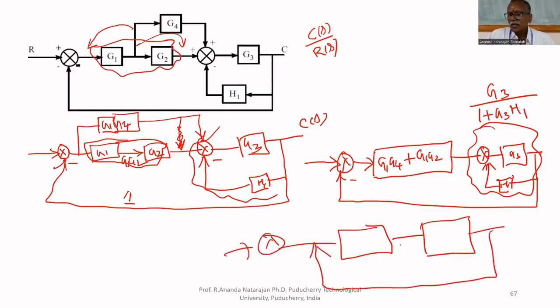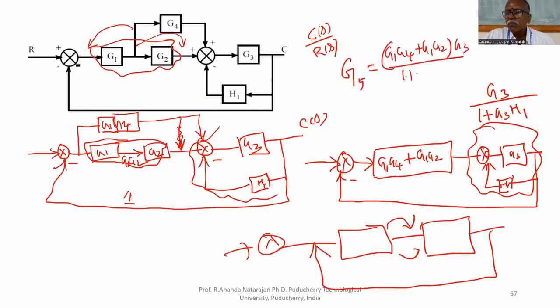Now you can multiply these two together. Let us call it G5. G5 equals G1, G4 plus G1, G2 multiplied by G3 upon 1 plus G3 H1.